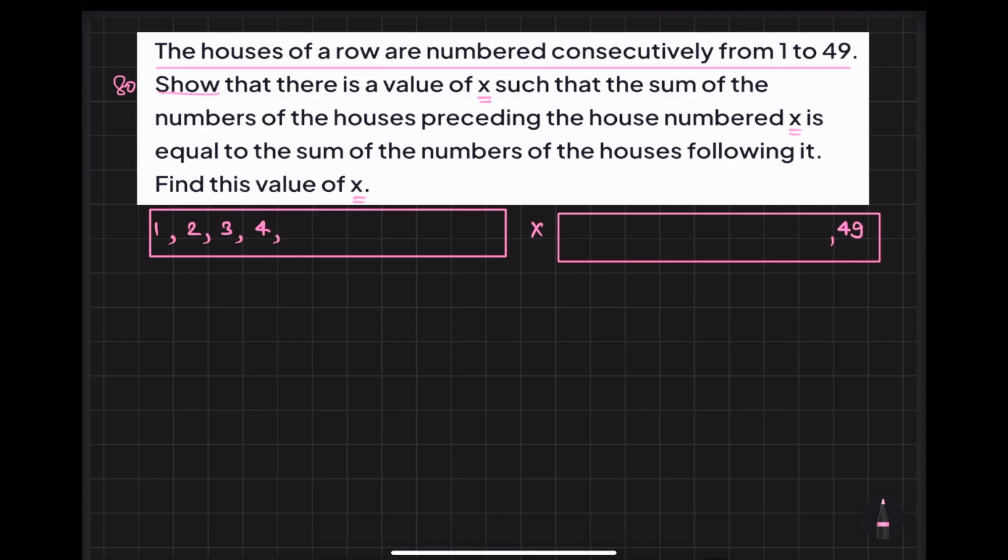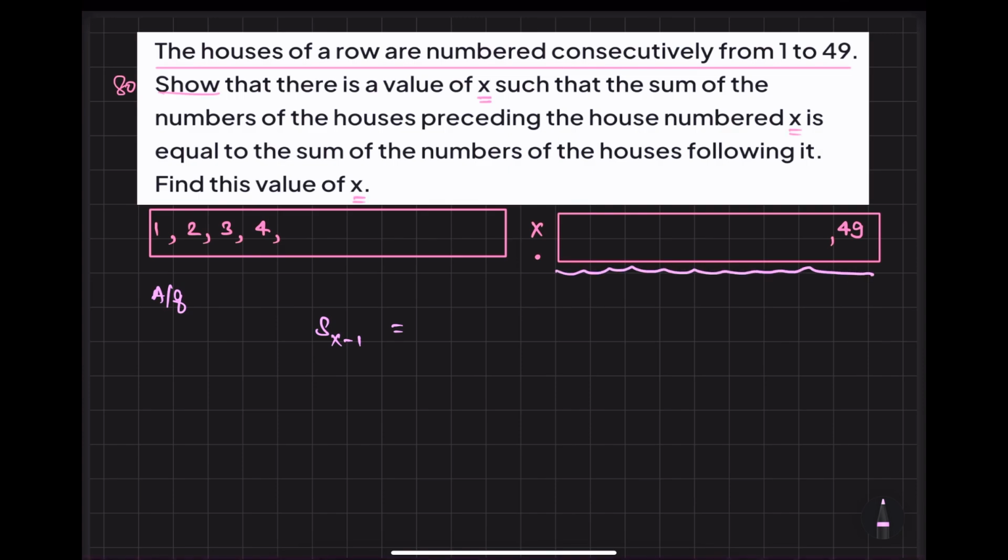Now if this is x, then till this part they must have included x minus 1. So can I say that according to the question, S of x minus 1 is equal to this?